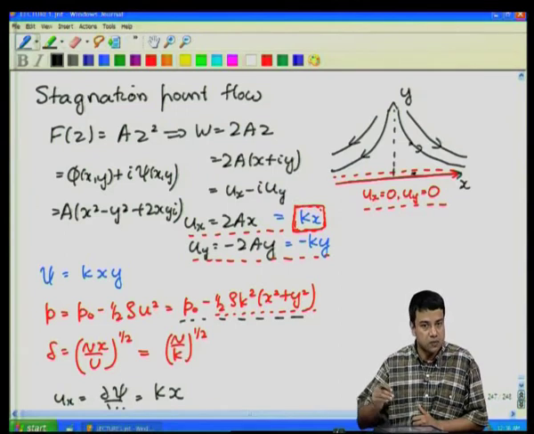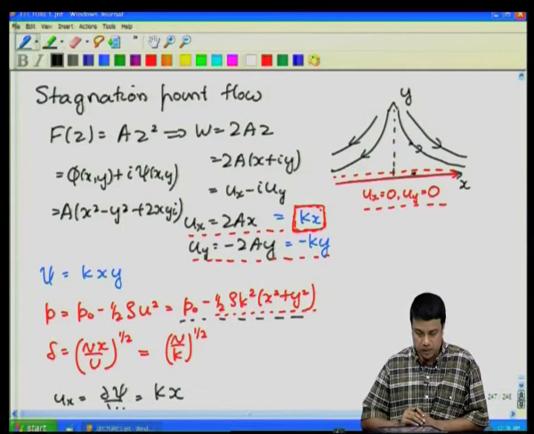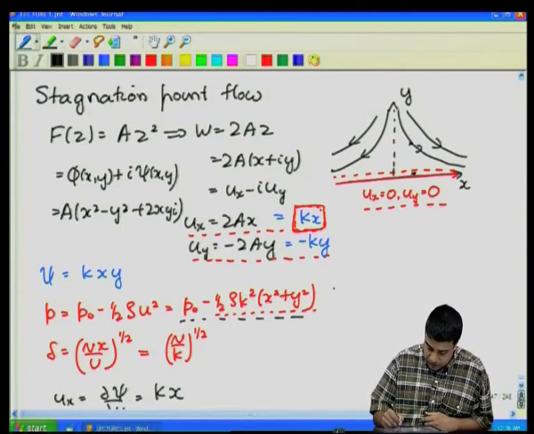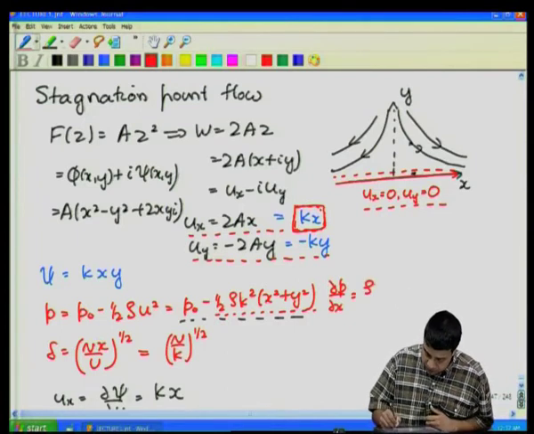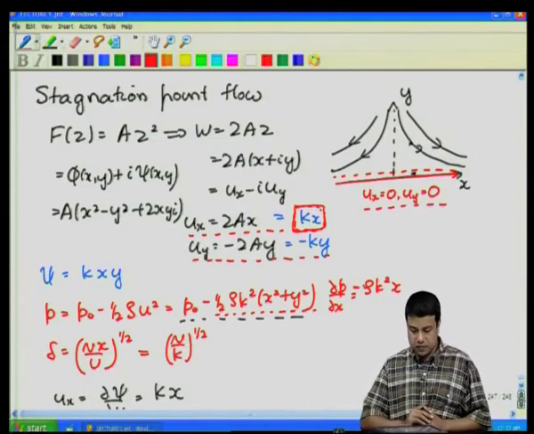What is the pressure gradient far away? If I take the derivative of this with respect to x, I will get rho k square x with a negative sign, I get minus rho k square x.